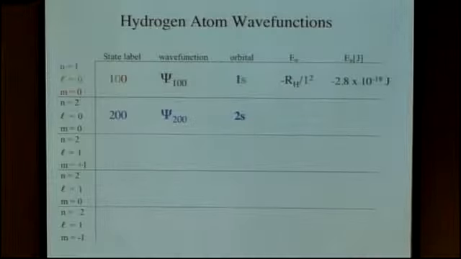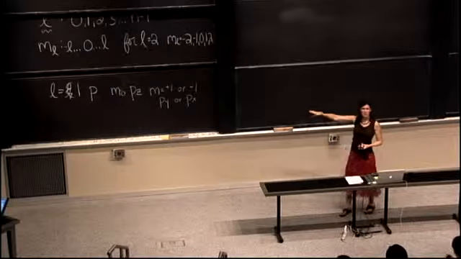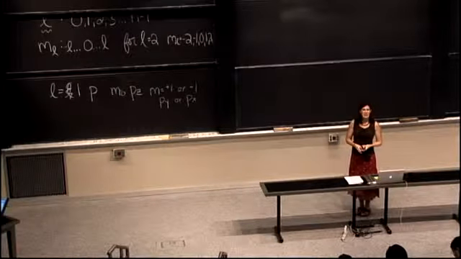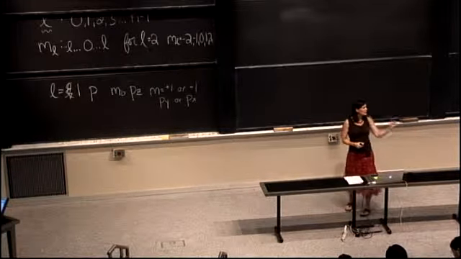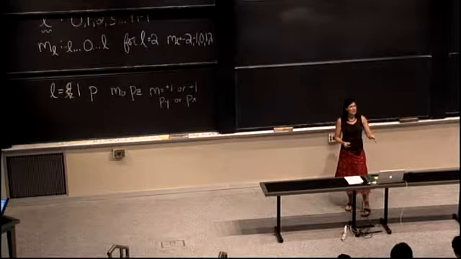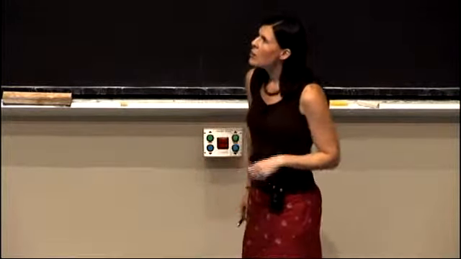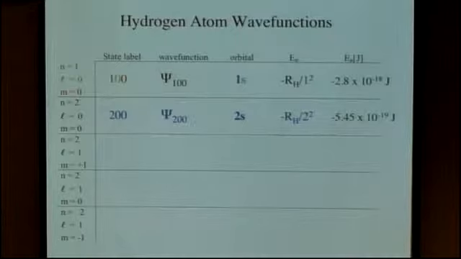We said we have a subscript to the p, for example, that describes what m is equal to. The reason that we have no subscript to the s is because the only possibility for m when you have an s orbital is that m has to be equal to 0. So we just assume it. You don't actually have to write it because there is, in fact, only one possibility. We can also figure out the energy of this orbital here, and the energy is equal to the negative of the Rydberg constant, now divided by 2 squared.